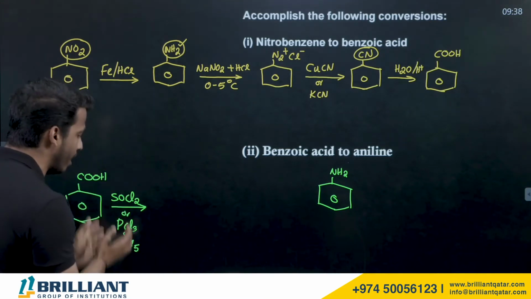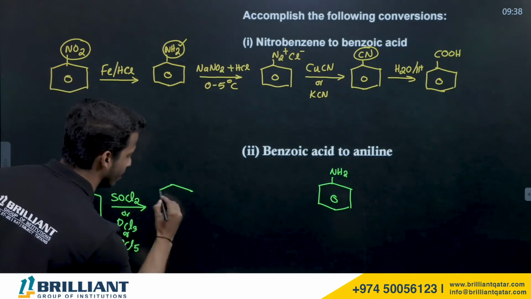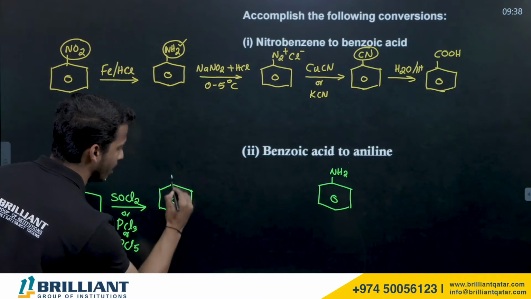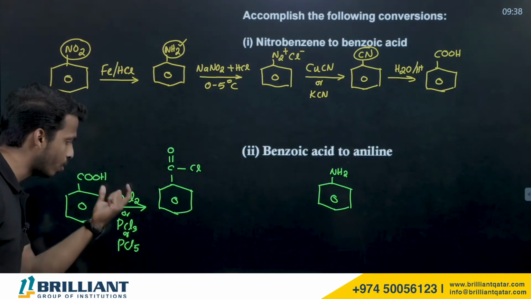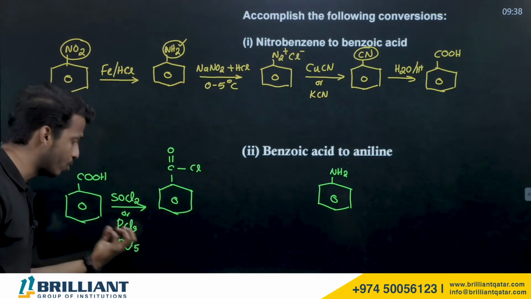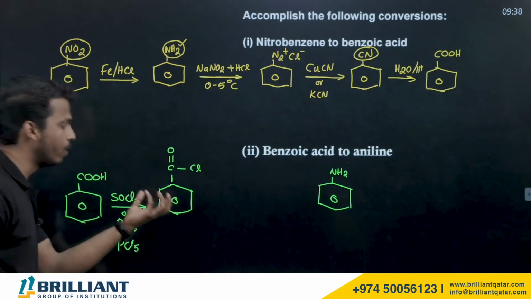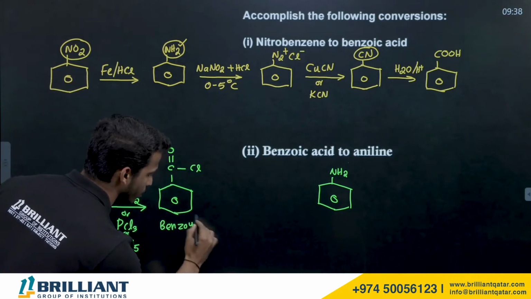Any one of these chlorinating agents, used on a carboxylic acid, converts it into benzene with COCl.